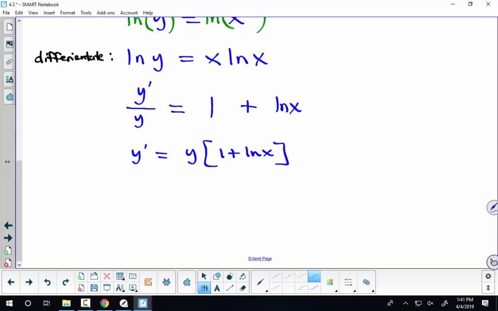We did this example in chapter 3, so I'm not going to spend a whole lot of time on it. Y was x to the x, so we have x to the x times 1 plus ln of x as the derivative.